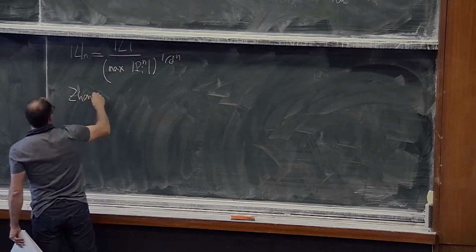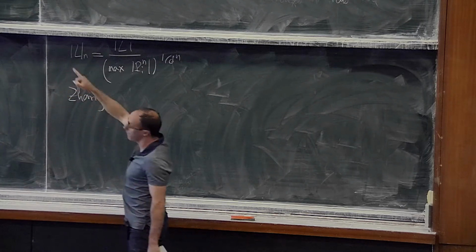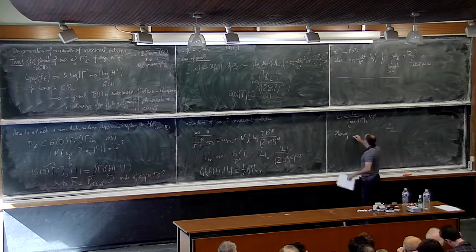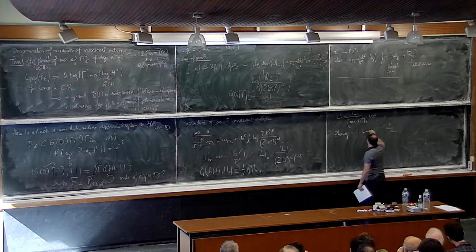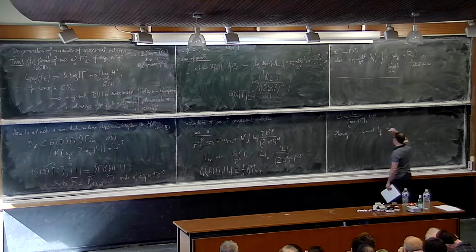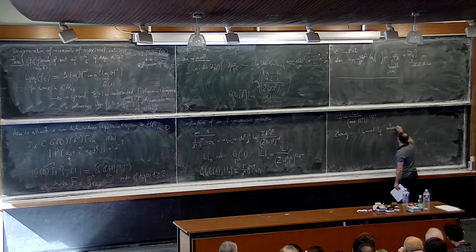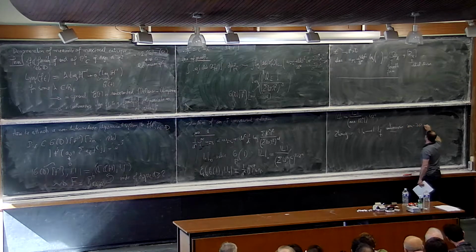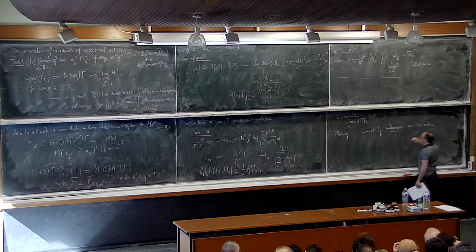Then you have a theorem of Zhang, which amounts to exactly the same computation as in the beginning, that this sequence of metrics converges to a continuous, semi-positive metric on O of 1.